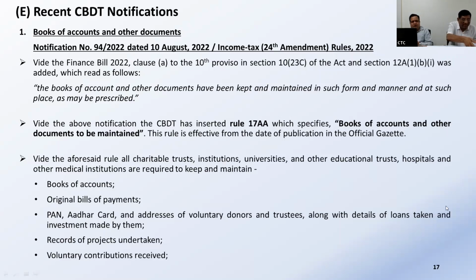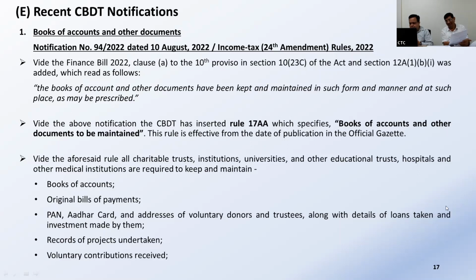And this notification says 10th August. The notification amended the rules. So now the question is, the rule says it is applicable from the date of the amendment rules, whether the rule will prevail or the Act will prevail.